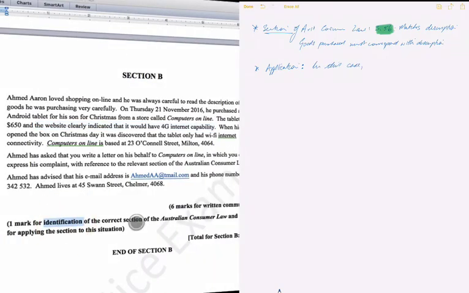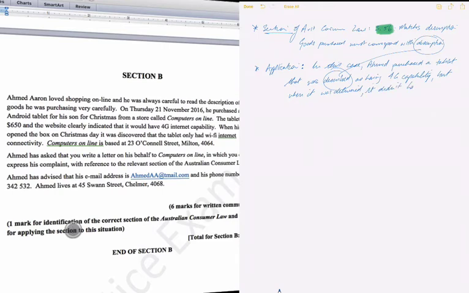In this case, I'm going to take some facts: Ahmed purchased a tablet that was, and this is really important, described, using the words from the law, as having 4G capability, but when it was delivered, it didn't have this capability.